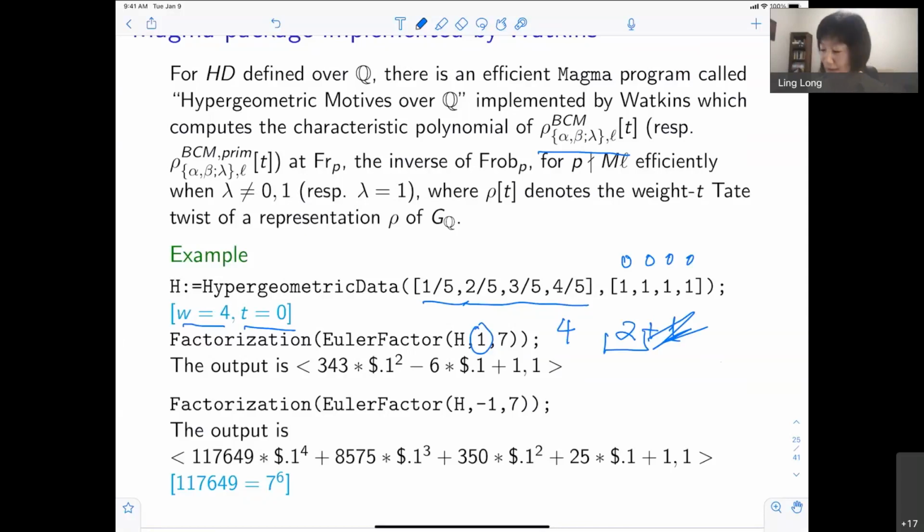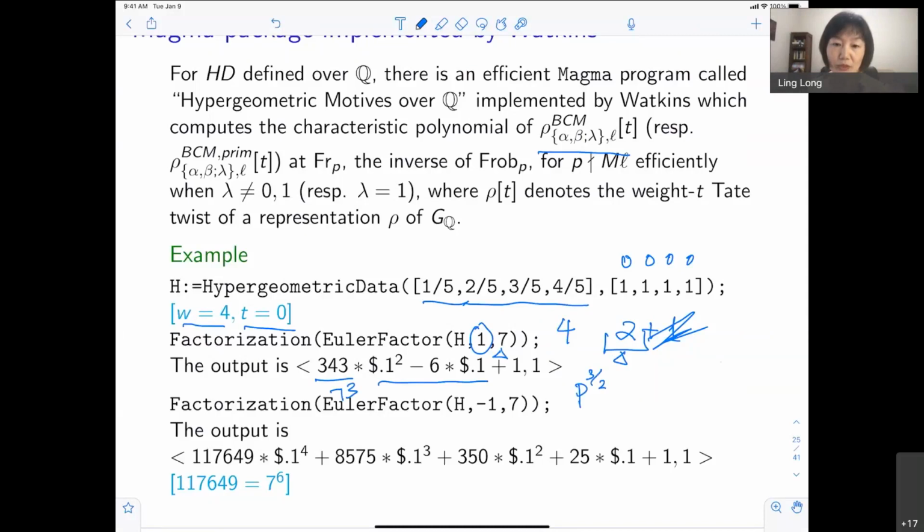So in this case, if I put in the prime p to be 7, what you will get is 343, 7 to the 3 power. It's symplectic, meaning it's 2-dimensional, right? And the absolute value of all the roots will be p to the power of (4 minus 1) over 2, which is 3 over 2.